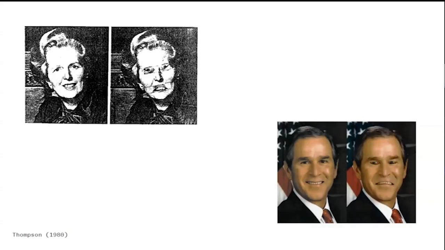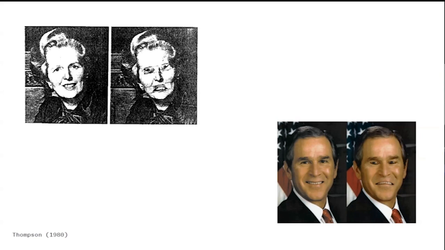This is an illusion from Peter Thompson in 1980, where you need to consider the orientation or the spatial relationships of features. So if we were to invert it, then you'll see that Maggie Thatcher's right eye is on the left-hand side there.